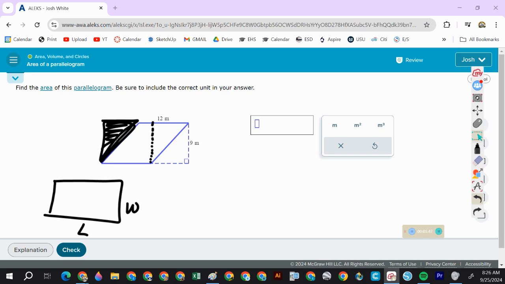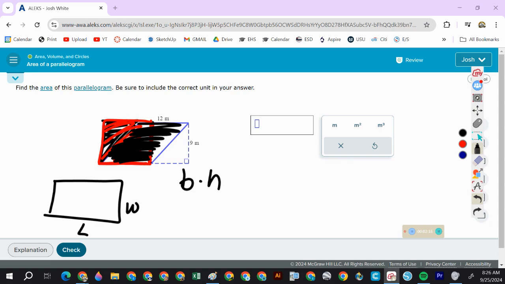And I create a rectangle such that the base of the rectangle has remained unchanged and the height of the rectangle has remained unchanged. So this rectangle here is exactly the same size as this parallelogram here. So the area of a parallelogram is base times height.